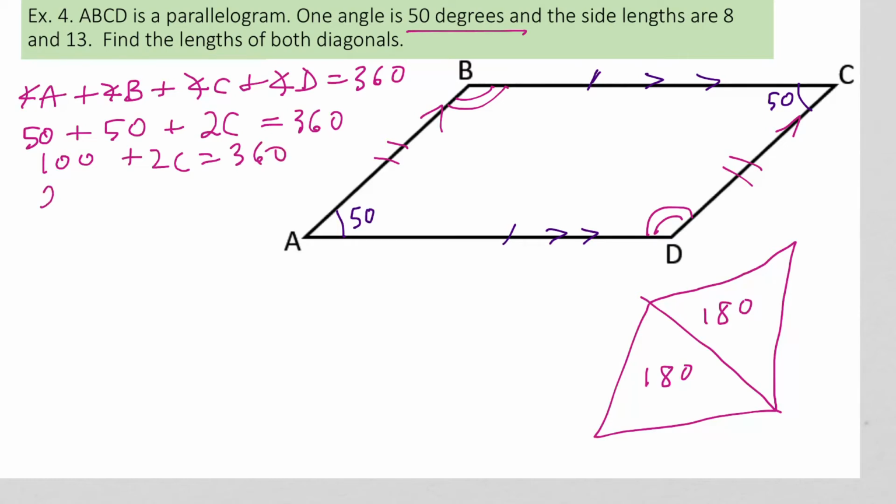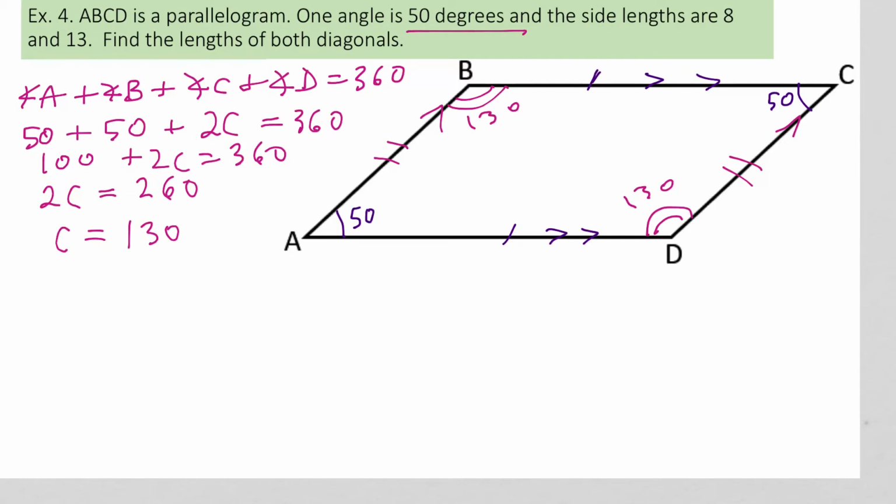So 2 times the obtuse angle is 360 minus 100, which is 260. The obtuse angle must be 260 divided by 2, which is 130 degrees. So these are 130. All of those added together give you 360 degrees, which is the sum of the angles of any quadrilateral.